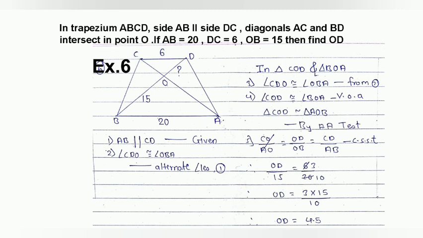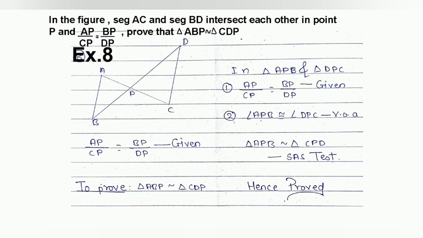Understand? This is OD. Now I'll take the next sum, which is the last of the practice set. In this figure, AC and BD intersect at point P. They are given to us: AP upon CP and BP upon DP are equal.